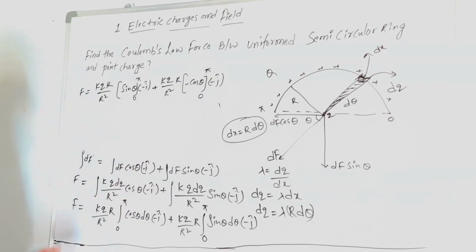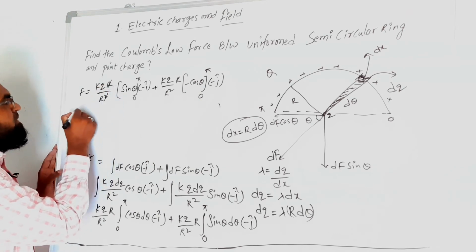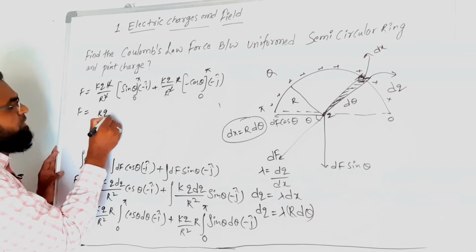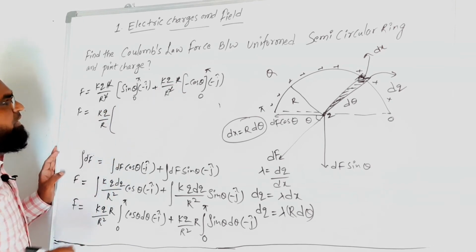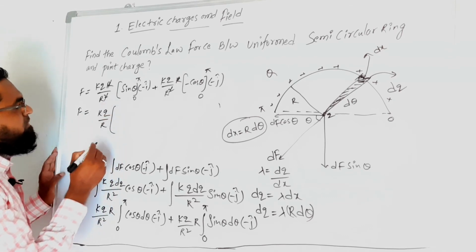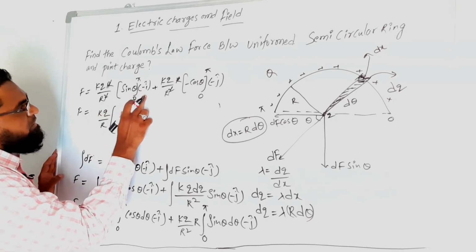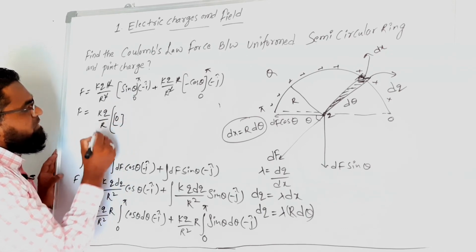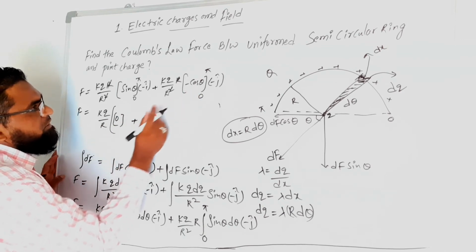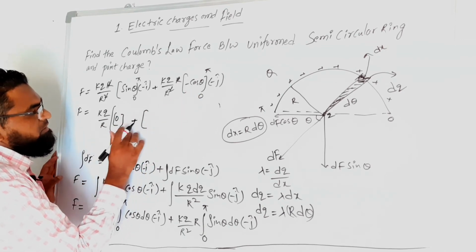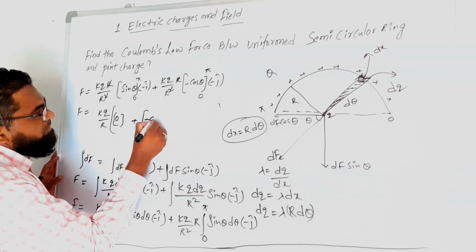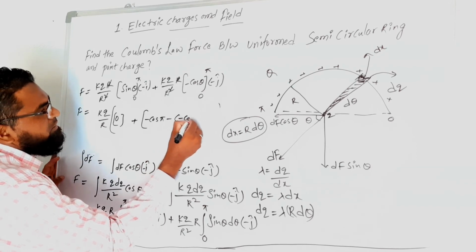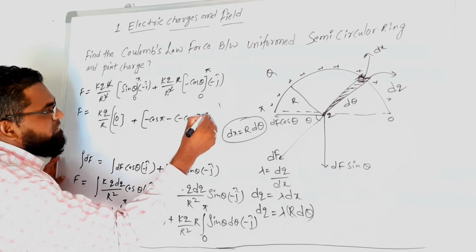Clear now, students? Yeah. So next, r cancels and f equals kq by r, which is constant, and the remaining: sin theta, here minus i cap, sin pi minus sin 0 is 0. The second one is cos theta with minus sign, cos pi minus of minus cos 0, minus j cap.